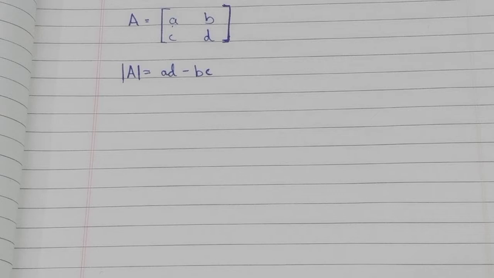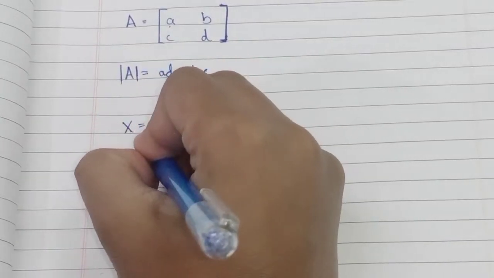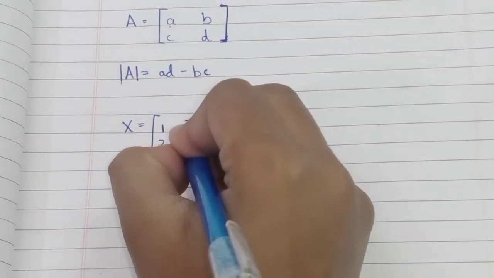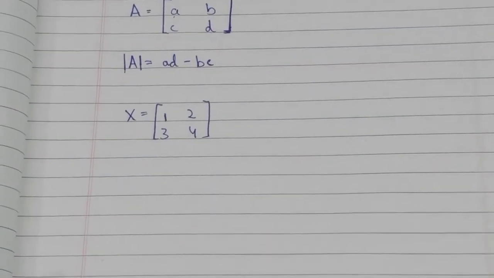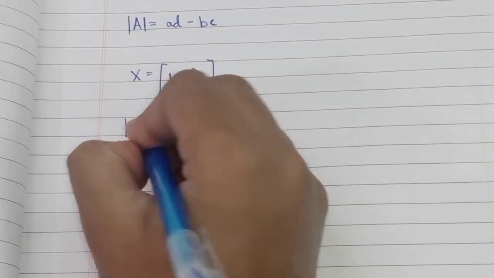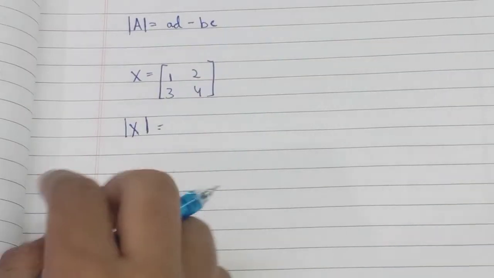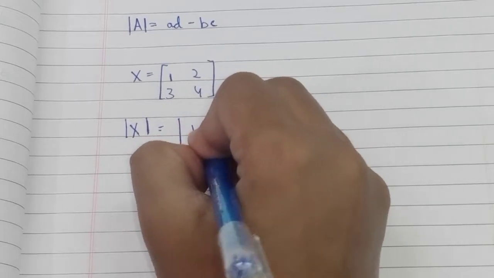Let's say we have a matrix X equals [1 2; 3 4]. The determinant is written like this, with 1, 2, 3 and 4.